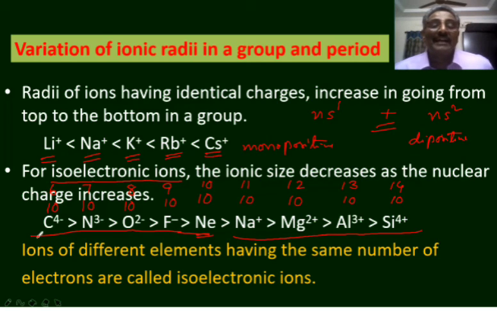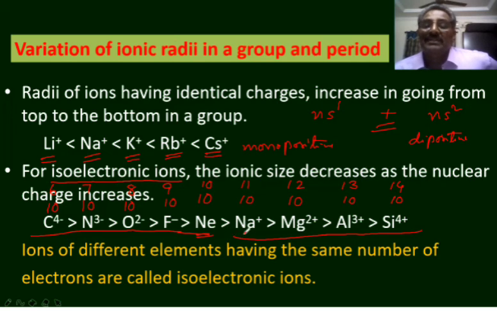The reason is, as the atomic number increases, the nuclear charge increases, but all of them possess the same number of electrons, so the effective nuclear charge increases. Because of the increase in the effective nuclear charge, the size of the ion decreases.